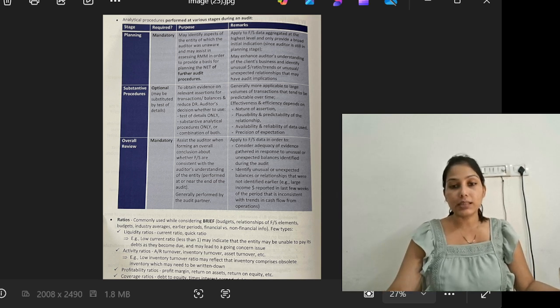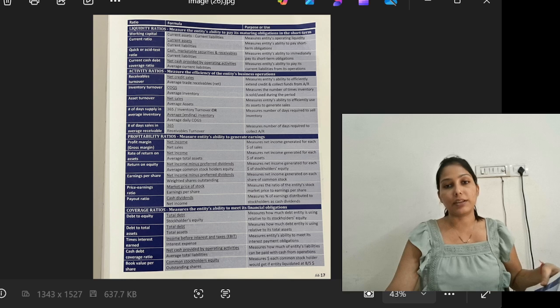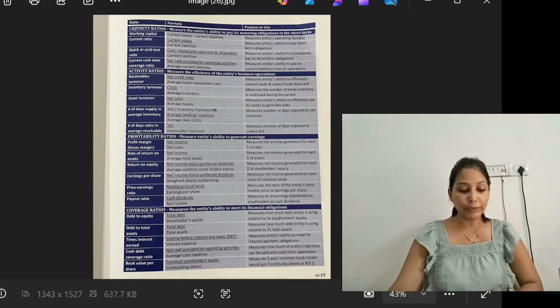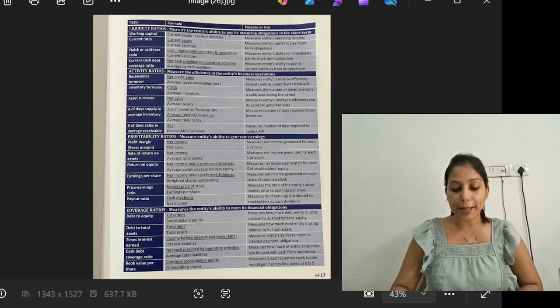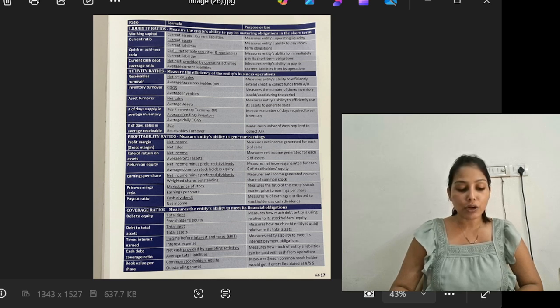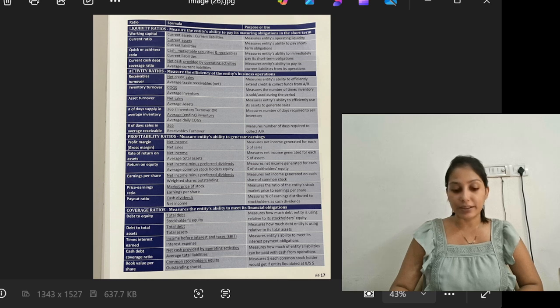We will discuss the formulas and the purpose of these ratios. Liquidity ratios measure the entity's ability to pay its maturing obligations in the short term. Under liquidity ratios come working capital, current ratio, quick or acid test ratio, and current cash debt coverage ratio.